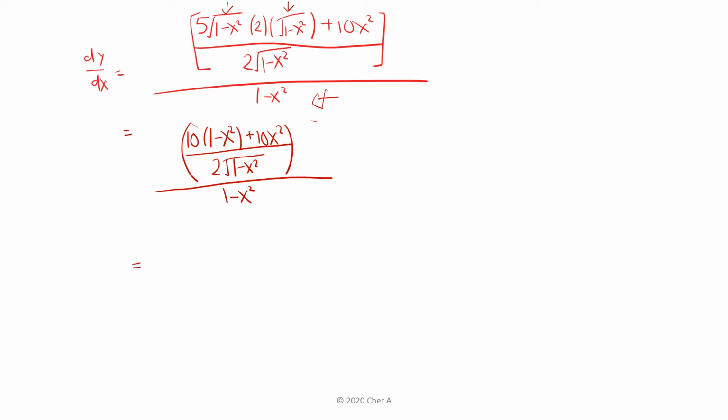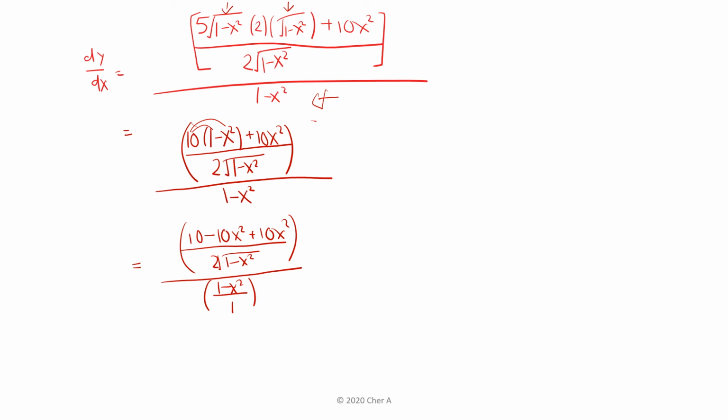Okay, let's simplify the numerator. So I have 10 minus 10x squared plus 10x squared over 2 square root 1 minus x squared, and my v squared. I'm going to add over 1 here because I'm going to teach you a little trick that I always use.